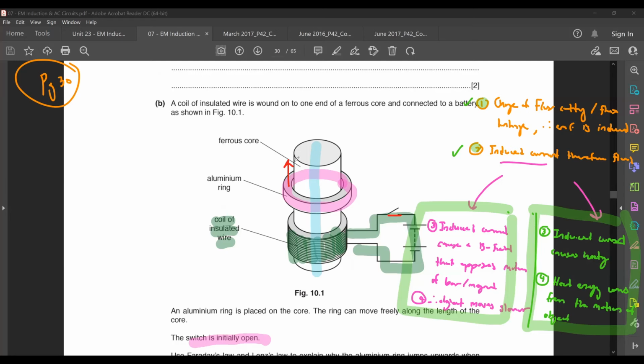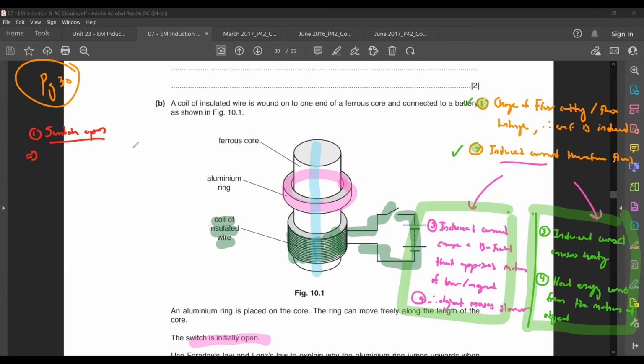There are a few things that you can deduce from here. Let's start with something simple first. When you look at the coil of insulated wire, when the switch was open, is there any magnetic field being produced?